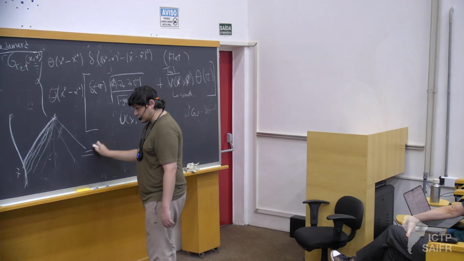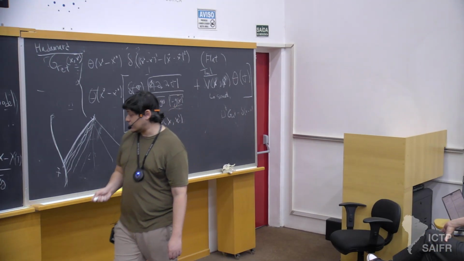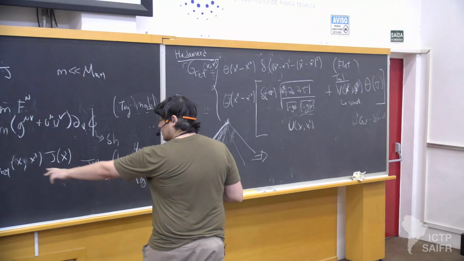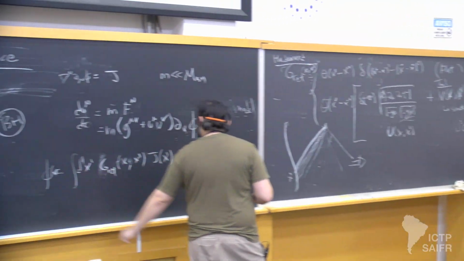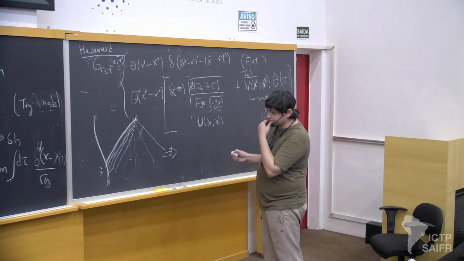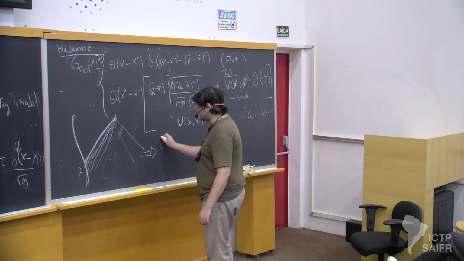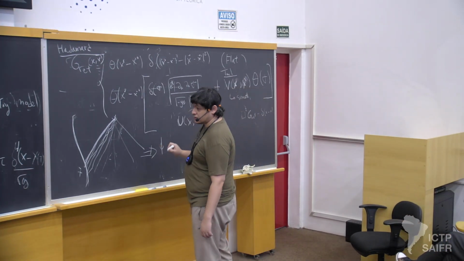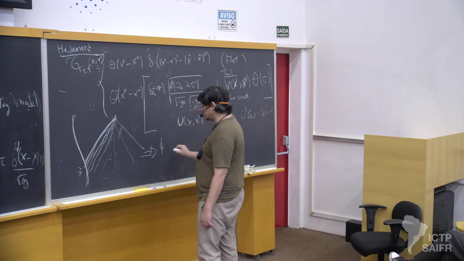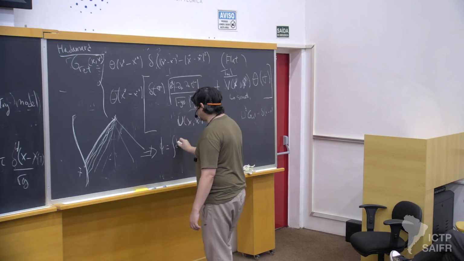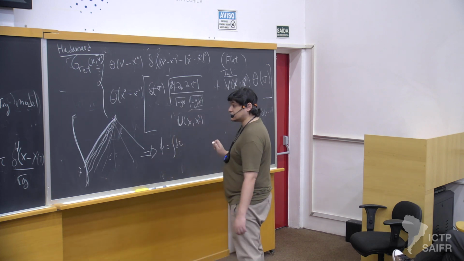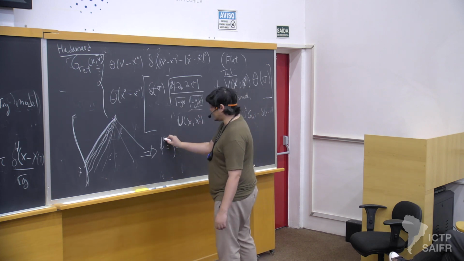So from here you can write the form of phi. Right, so let me just write phi. I'm just going to integrate it on x. So I'm going to have a d tau. And then I'm going to have phi of x.